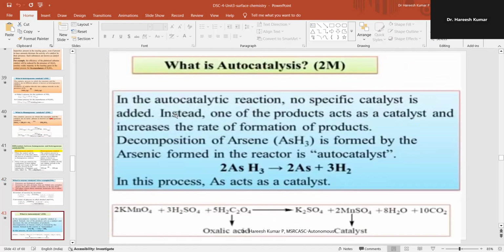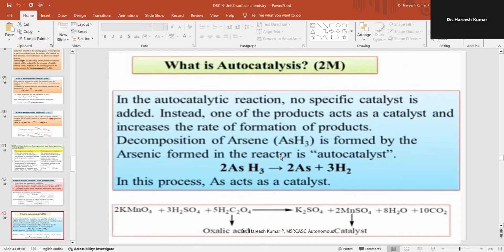Let's take another one, autocatalysis. In an autocatalysis reaction, no specific catalyst is added. Instead, one of the products acts as a catalyst and increases the rate of formation of the product.